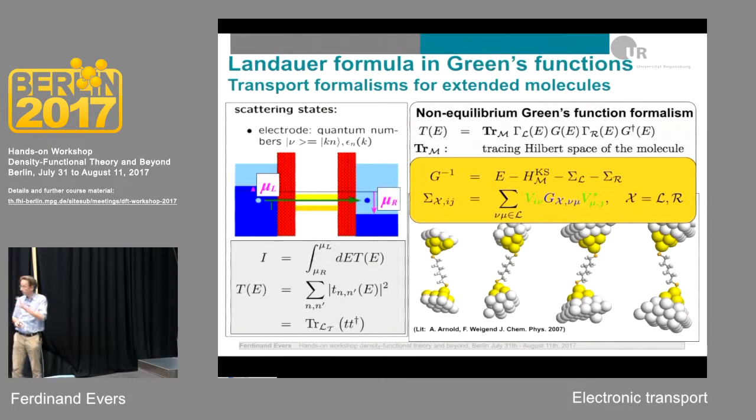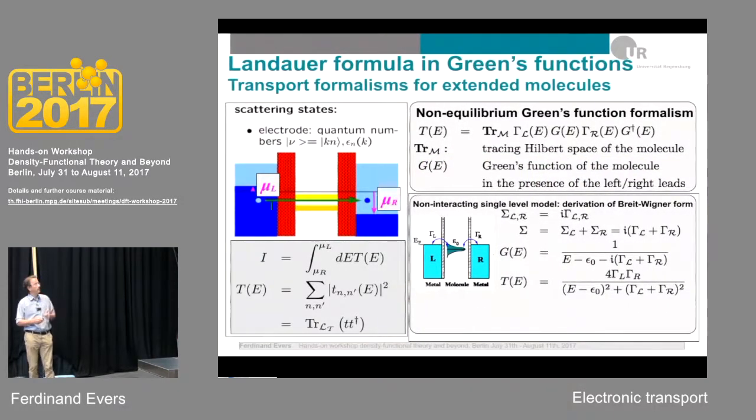This kind of thing will be illustrated a bit later so that you can see what type of physics is behind it. And you can also see that this can be approximated in a super simple way so that we can do nice calculations for extended systems, even though explicitly we only deal with this extended molecule and not the leads at all. Let me come back to this in about 3 slides.